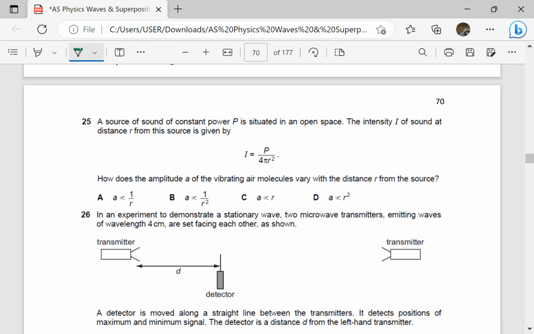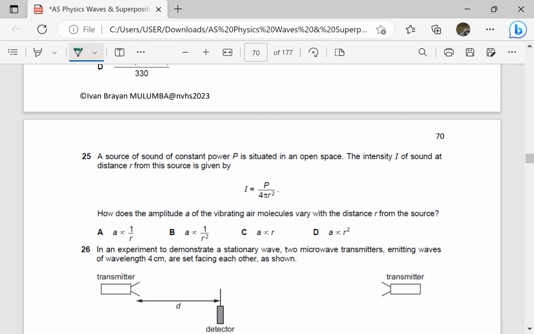Intensity is directly proportional to amplitude squared, which is equal to a constant times amplitude squared. So intensity is inversely proportional to r squared, and intensity is directly proportional to amplitude squared. So let me just combine the two equations here.